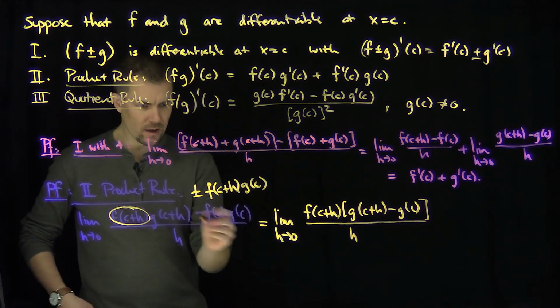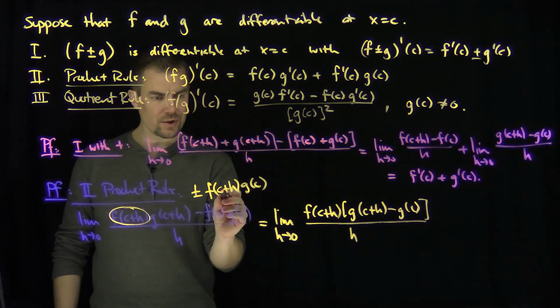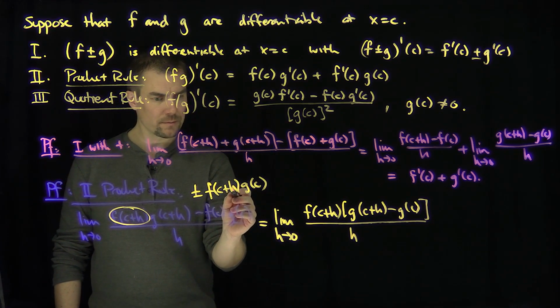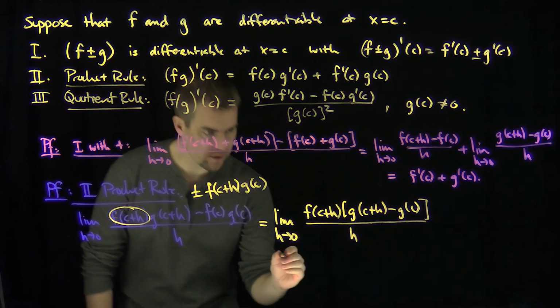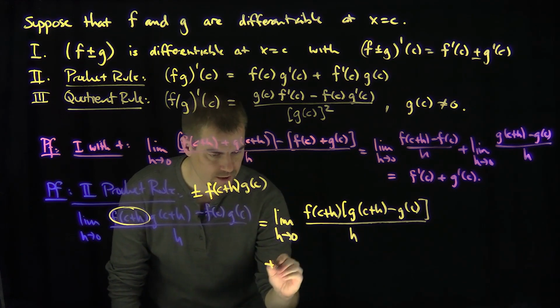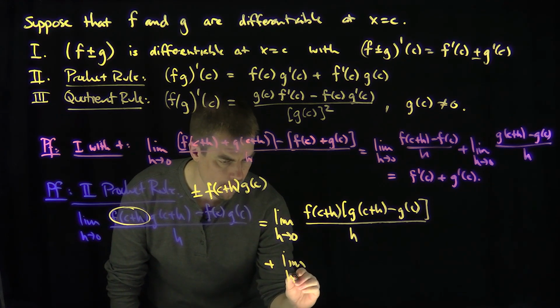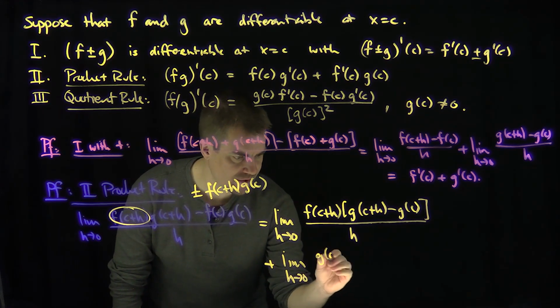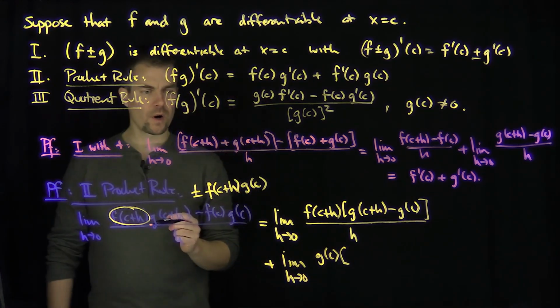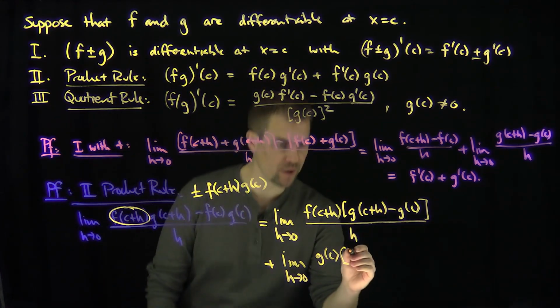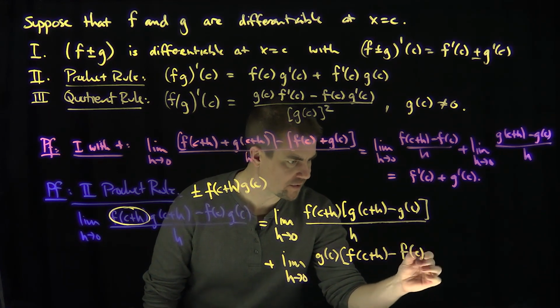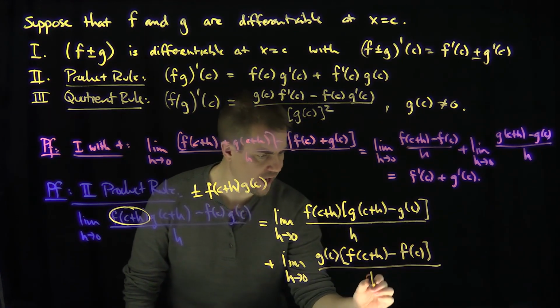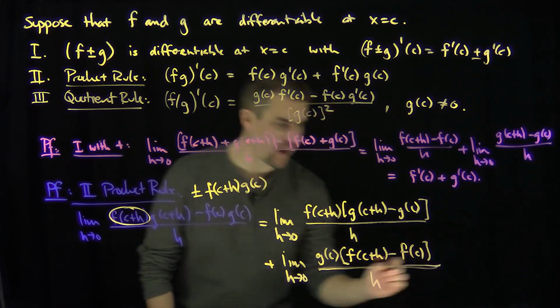Then the second part: I have a plus f of c plus h times g of c minus f of c times g of c, and from those two terms I'm going to factor out a g of c. So plus the limit as h goes to 0 of g of c times f of c plus h minus f of c, all over h. In other words, I break up my two terms by adding and subtracting.